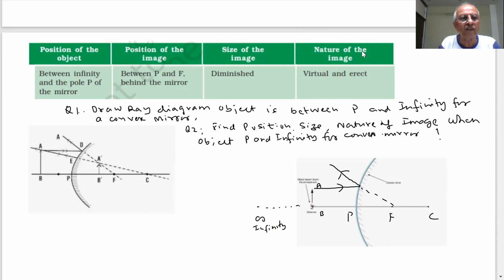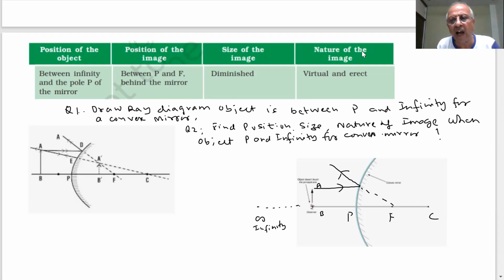Am I right? It is diverging and directed as if from the focus. So where is the focus of the convex mirror? Behind the mirror. This is my rule 1. Am I right? Yes or no, students? Be with me.